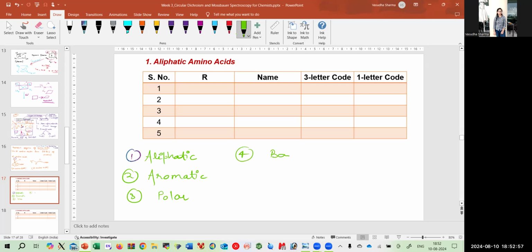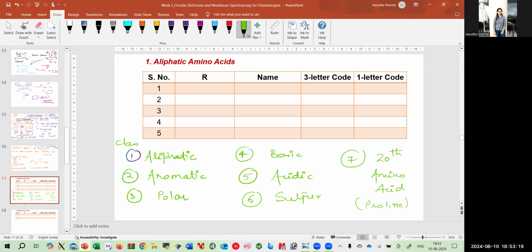Fourth is basic. Fifth is acidic. Sixth is sulfur containing. And seventh is our 20th amino acid, which is proline. So this is basically the classification.